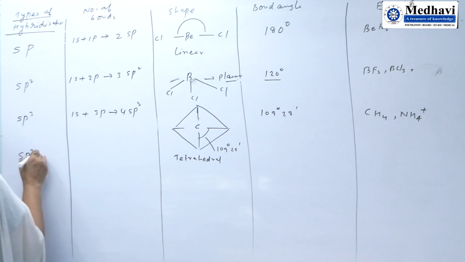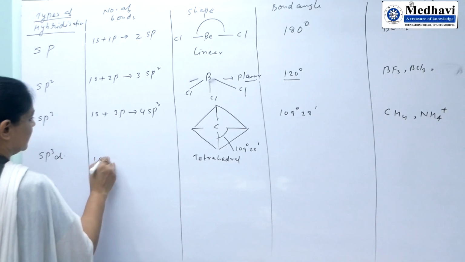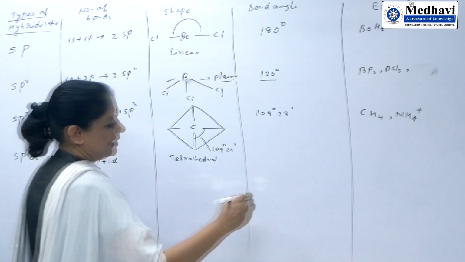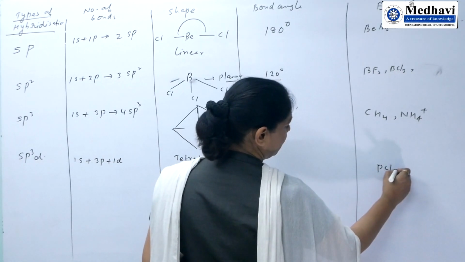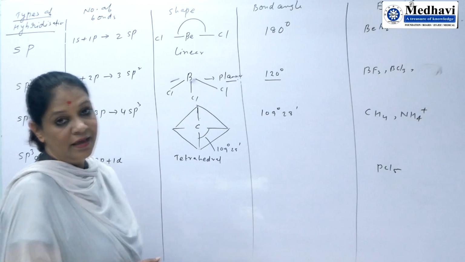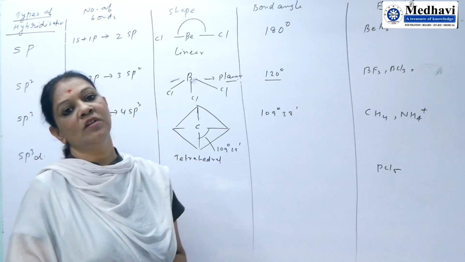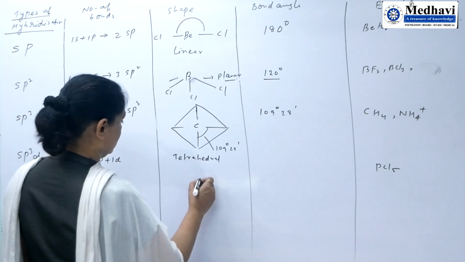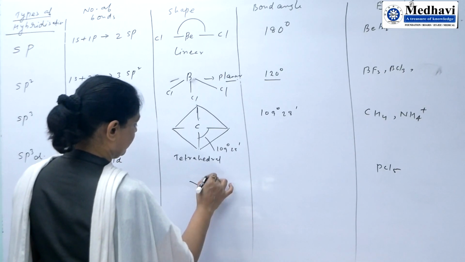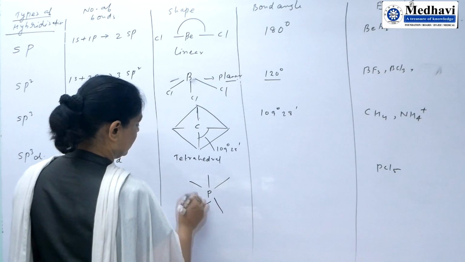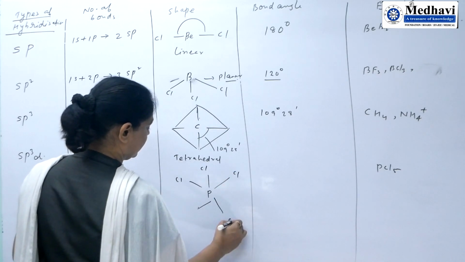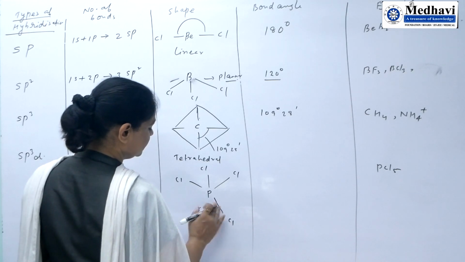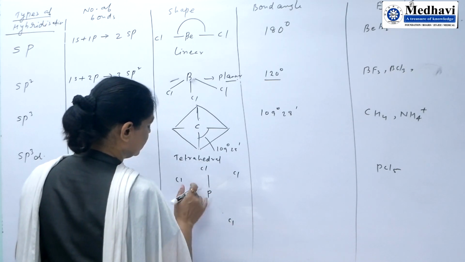Next, sp3d, 1s, 3p, 1d. Its example is phosphorus pentachloride, PCl5. Here the compound will show more than 8 electrons in its outermost orbit. So here two types of bonds will develop.